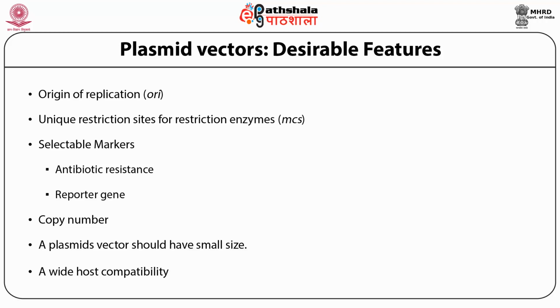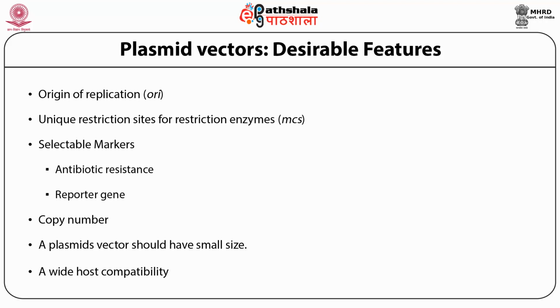A vector should contain at least one selectable marker like a gene of antibiotic resistance, and it may contain a reporter marker like beta-galactosidase or green fluorescent protein gene, etc. Presence of a unique restriction enzyme site. This region is also known as the multiple cloning site or MCS, preferably small in size and easy to handle.